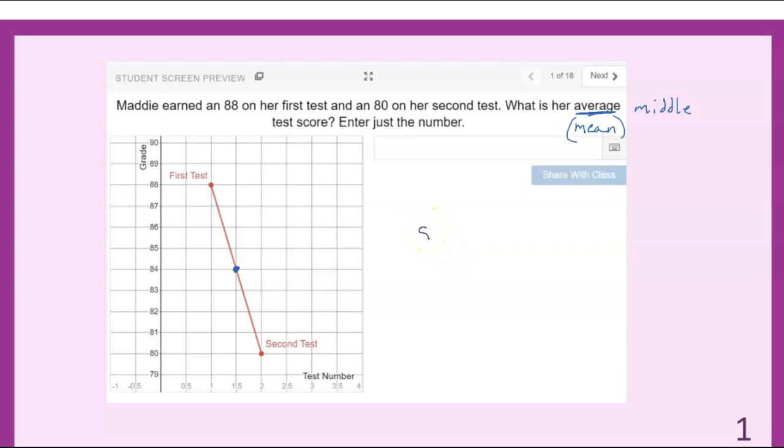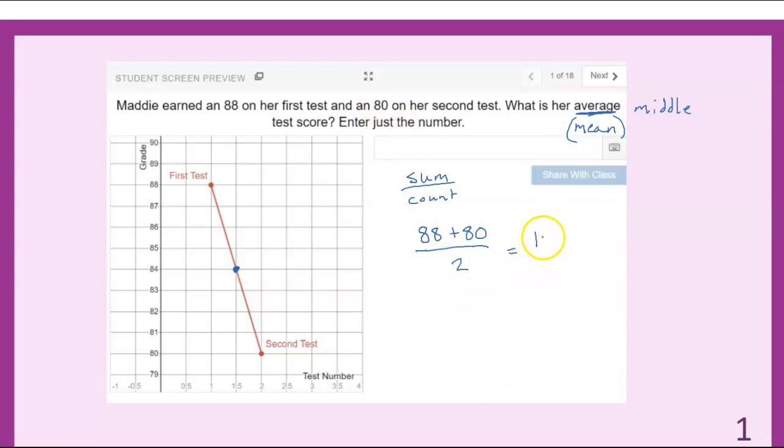So the way we find the mean, if you will recall, is we take the sum on the top of a fraction, the sum of the numbers divided by the count of the numbers. So we add 88 and 80 on the top, and then we count them, 1, 2, and put that on the bottom. That's how we get an average.